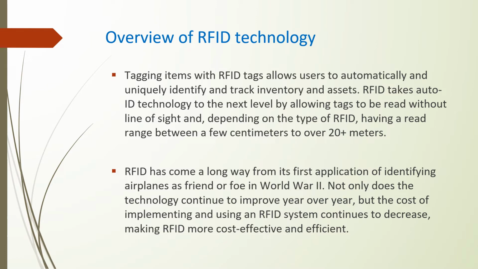RFID has come a long way from its first application of identifying airplanes as friend or foe in World War II. Not only does the technology continue to improve year over year, but the cost of implementing and using an RFID system continues to decrease, making RFID more cost effective and efficient.